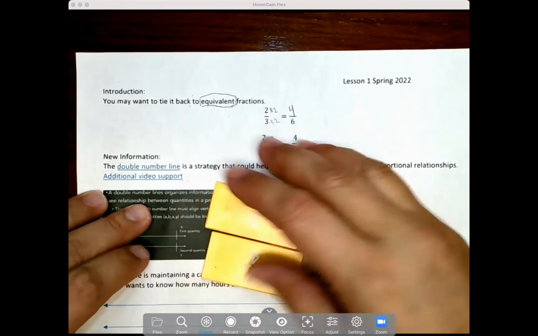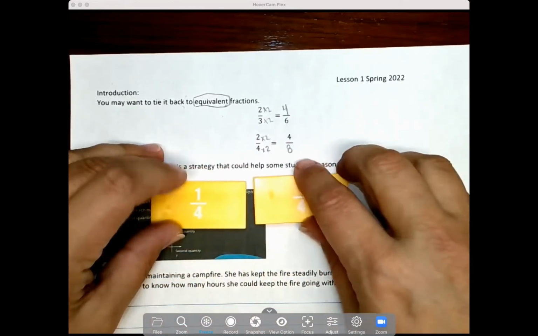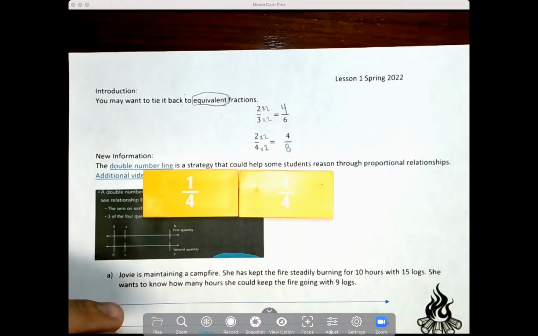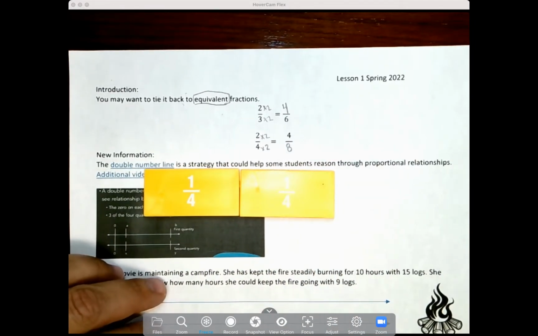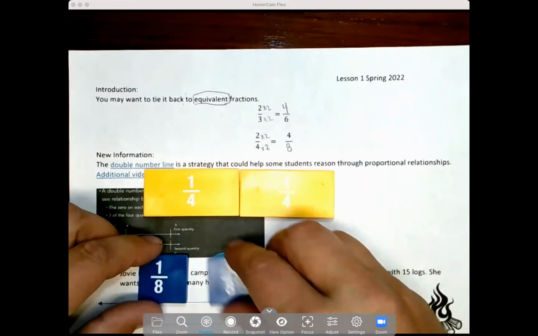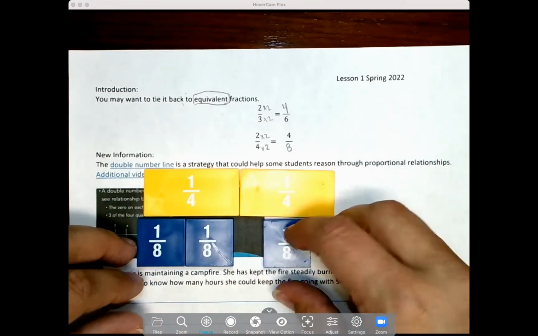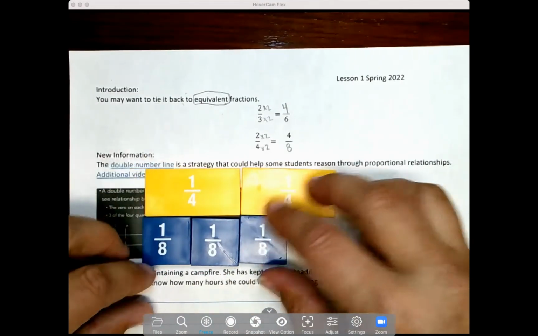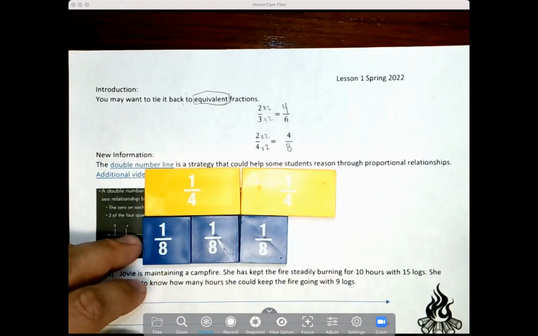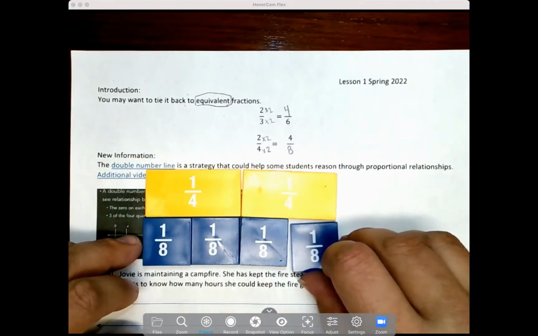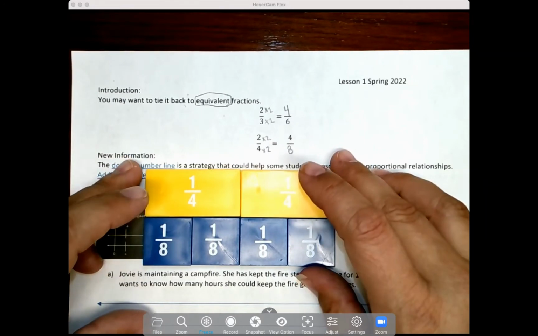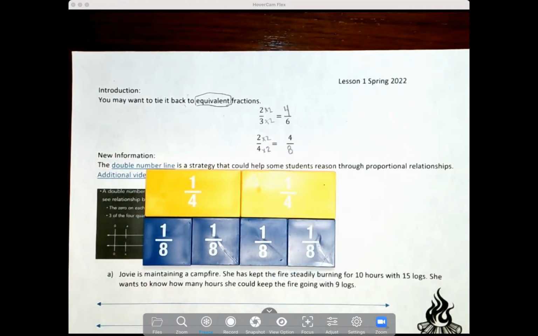Again, if I want to model this with my fractions, 2/4, and then I have my eighths. You could even do this as part of your warm-up time that day so that students can get back into the groove of things with using manipulatives.